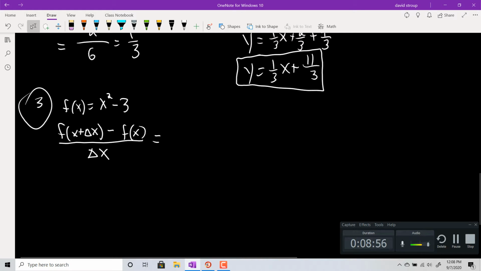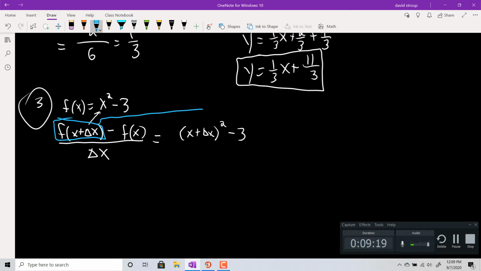Well, first off, you're going to plug in x plus change in x into f of x, right? So you're literally plugging that into this. And you end up with (x plus change in x) squared minus 3. That's all the first part of it. I'll box that in blue. Okay, so that is found just by putting the x plus change in x in for x.